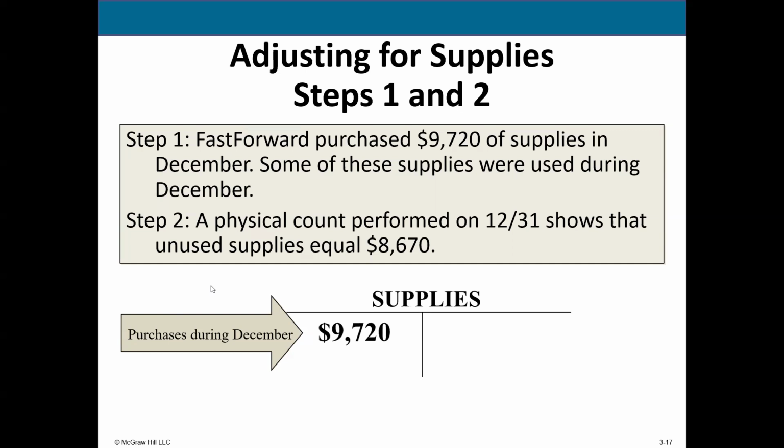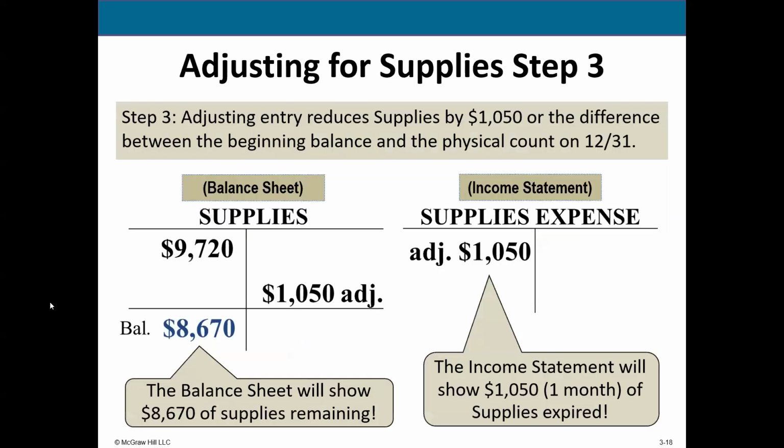So we need to make an adjusting entry for the use of those supplies. We estimated that we used about $1,050 worth of supplies during the month of December. So we need to make an adjusting entry to recognize the use of those supplies.